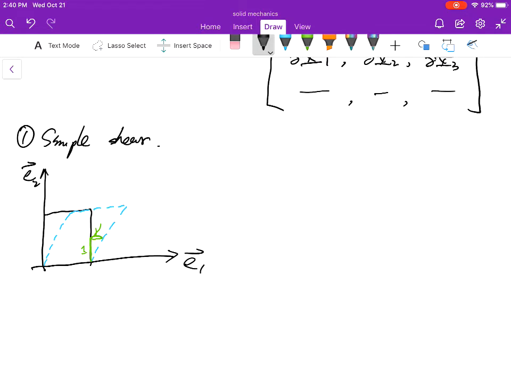The black box is the original configuration, and the blue one is the current configuration.